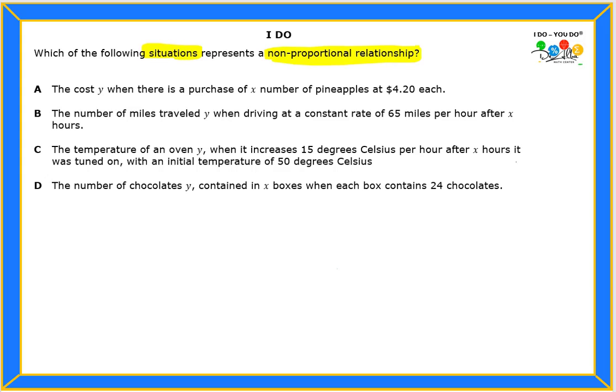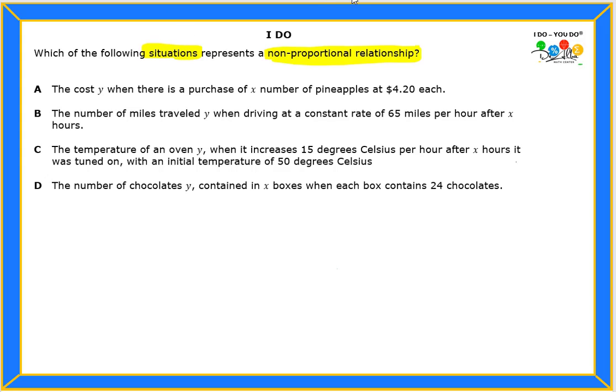Because I know when we read them, they all look fine. So there's two things we can do. We can either try to write down an equation, but that might take some time because in some cases there's no numbers given to us. But we can also just think about what non-proportional means.